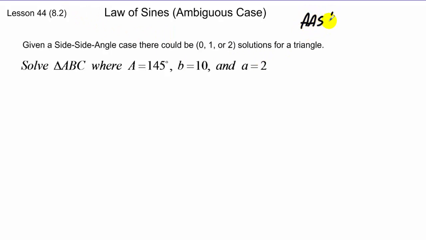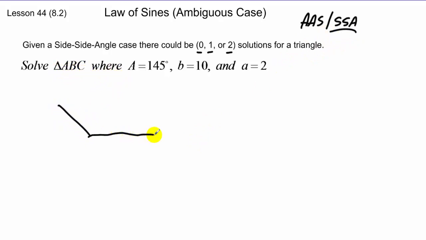Up to this point, all we've dealt with in our law of sines problems are given two angles and a side. But we know that law of sines can be used for a side-side angle as well. And given that side-side angle case, there can actually be multiple types of solutions: 0 solutions, 1 solution, or actually 2 solutions for a given triangle. We're going to go through each of those with this side-side angle given. So here we have a triangle where angle A is 145 degrees.